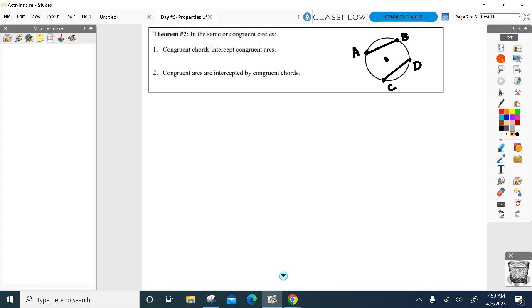So fact number 2, if the chords are equal, so are the arcs. If I know these chords are congruent, there's my hash marks, so are the arcs. So arc AB is congruent to arc CD.